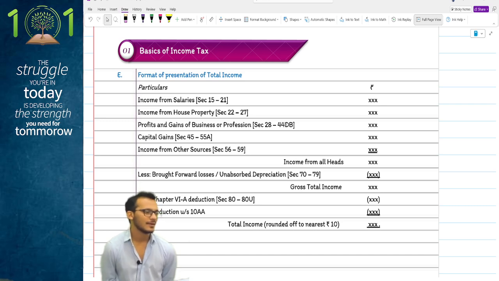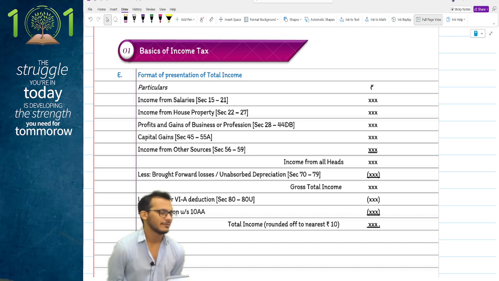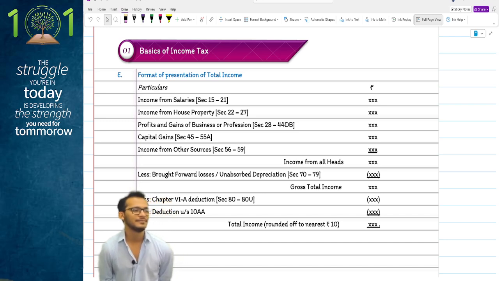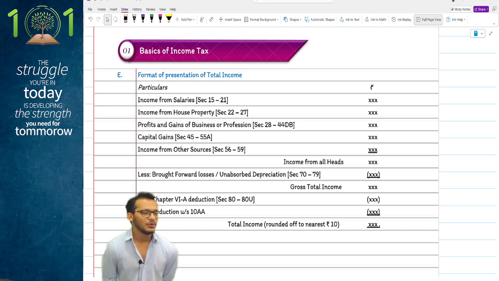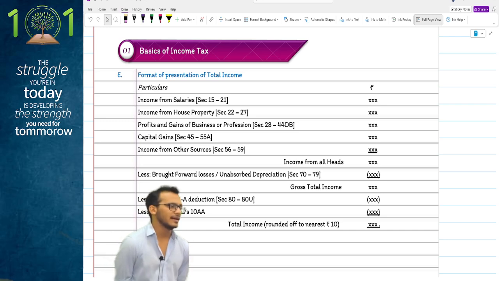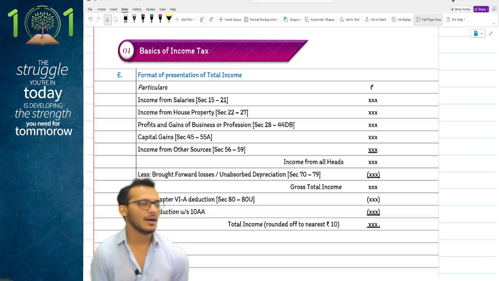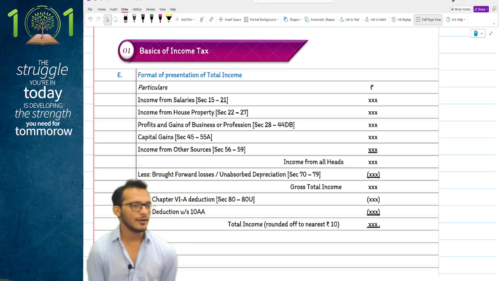FTC, MAT, AMT, that's all. Final level syllabus. You have 89A, relief under 89A for salaries, and then you have relief under 86 for AOPs and BOIs.